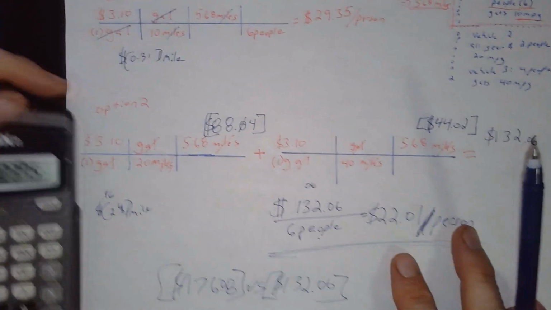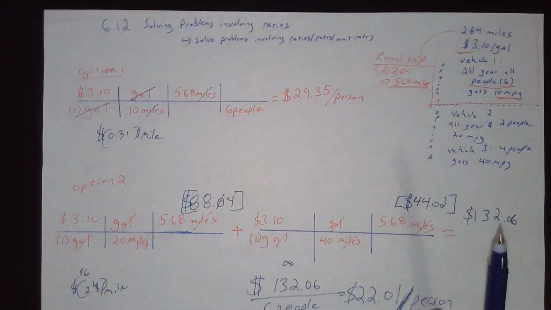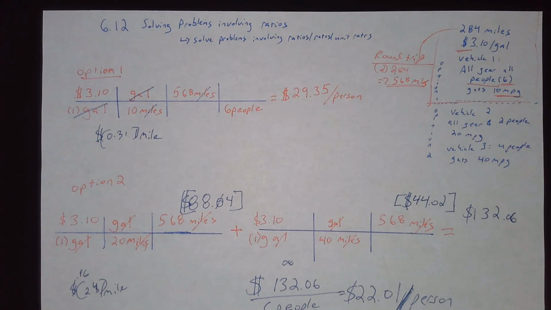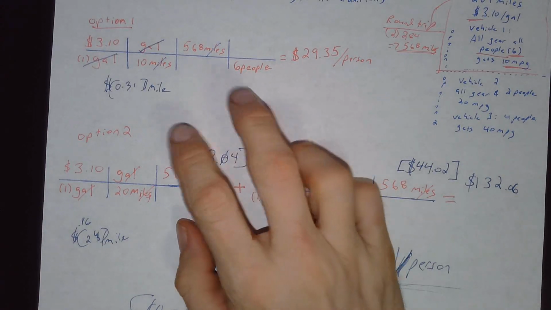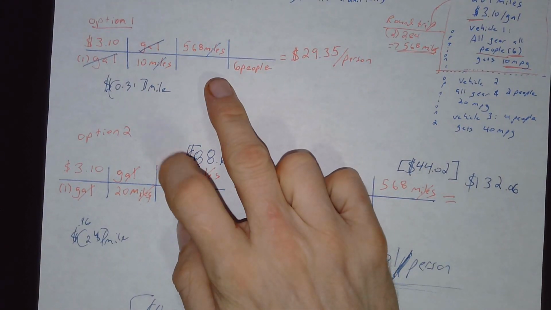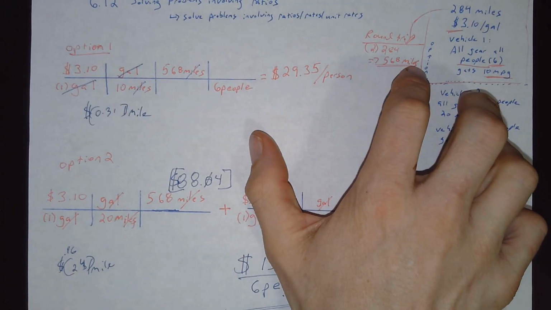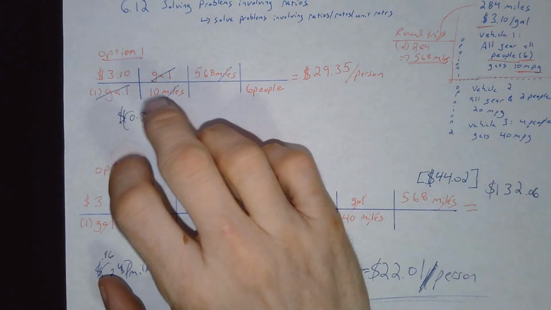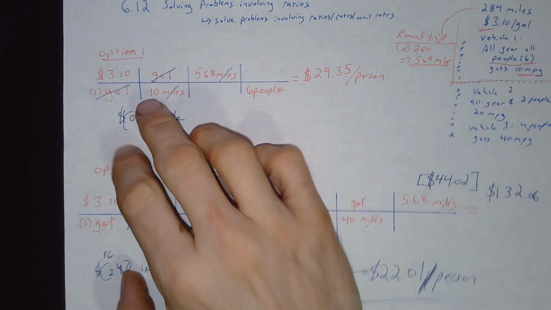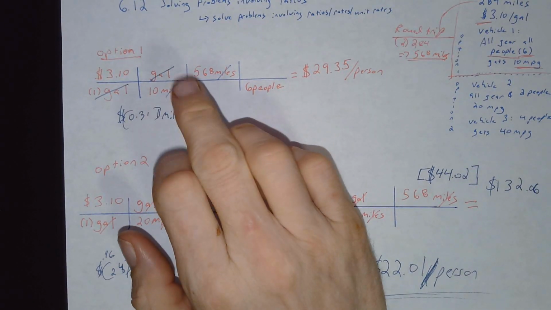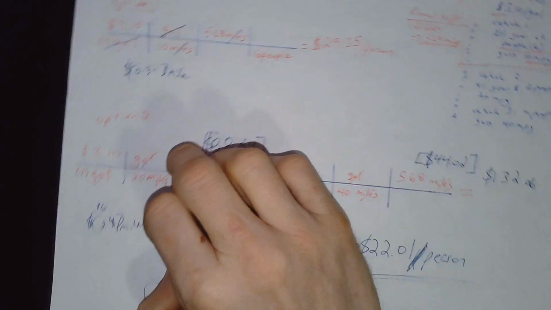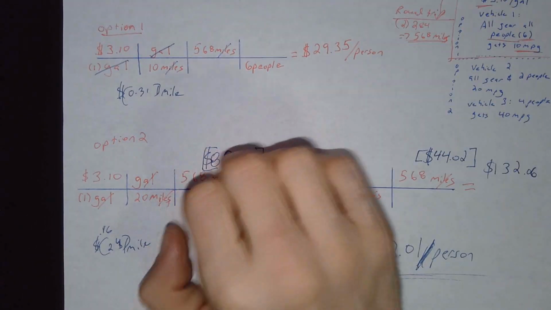So anyway, I hope that was helpful in a couple of ways. Setting up this unit analysis and this train track method. If you know what units you have to work with, you know what units you need to have when you're done, and just knowing how to flip and flop the units and the associated constants with the units.